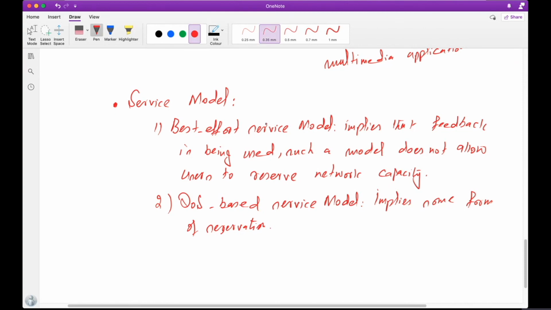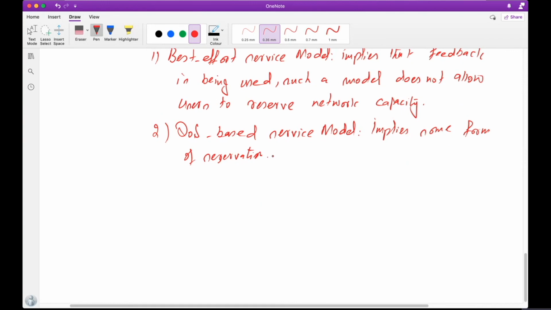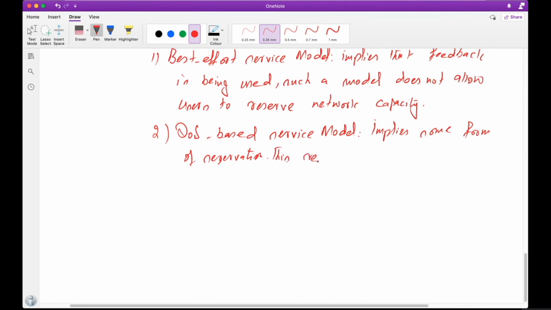This means that this requires significant router involvement. This was not happening in our earlier discussion. We did not discuss any such mechanism where a router was involved in some sort of reservation. So this requires significant router involvement.